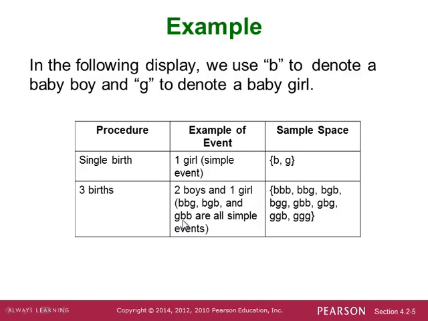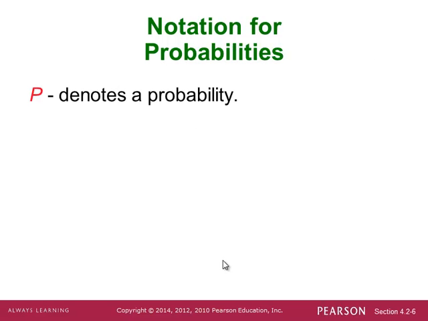And girl, boy, boy is yet another way of having 2 boys and 1 girl. So the event of having 2 boys and a girl consists of these 3 possible outcomes. And this event, 2 boys and a girl, is a subset of the sample space. Okay, an event is always a subset of the sample space.